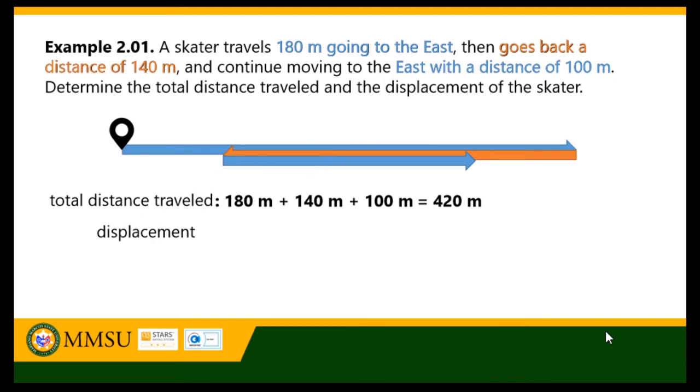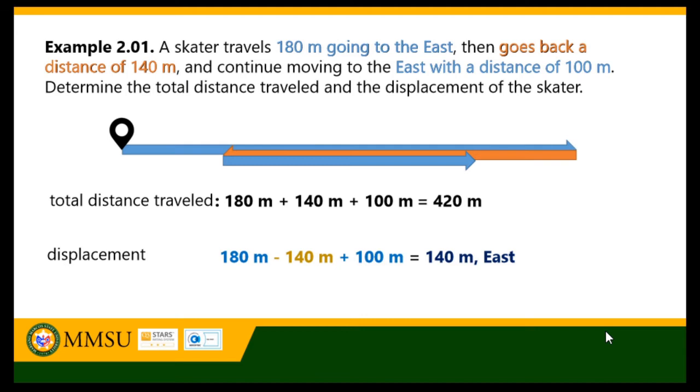For the displacement, we are going to consider now the direction of its motion. So we have 180 meters to the east, letting it be positive, then 140 meters which goes back, that is why it will become negative, and 100 meters positive, which is still going to the east. By applying algebra, we have a result of 140 meters going to the east. So that is the difference between the distance and displacement of the skater.